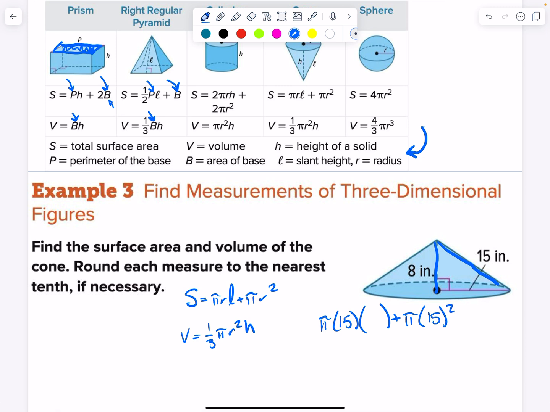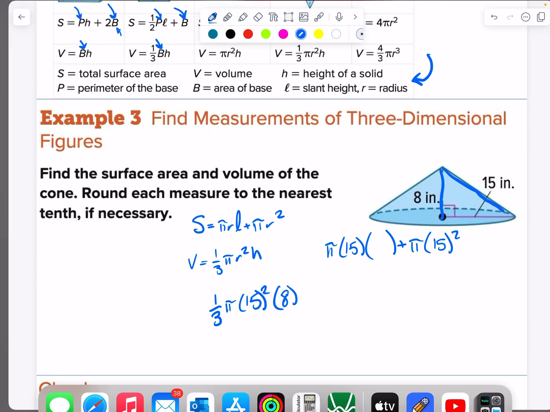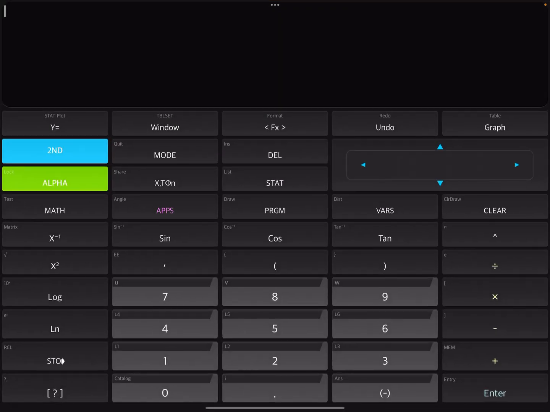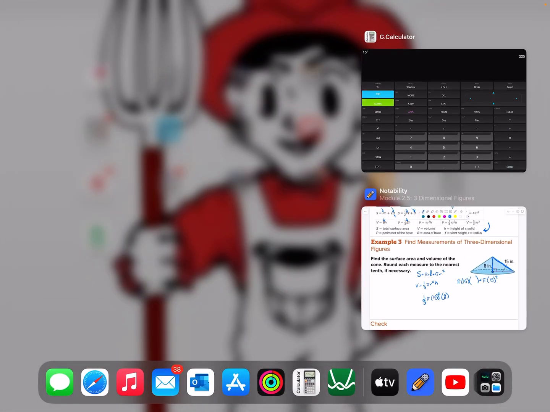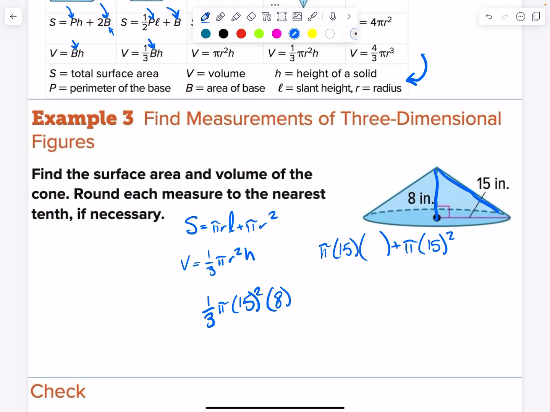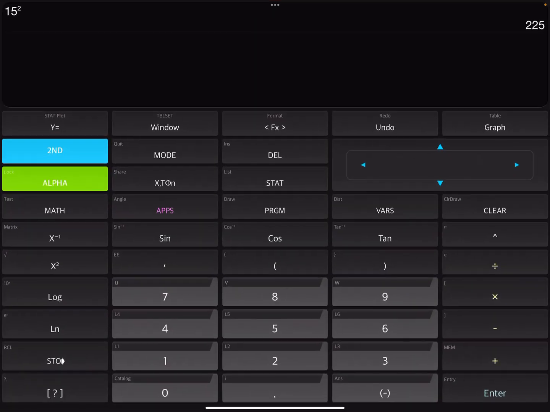Volume is easier because it just wants the height, so I'm going to go ahead and work that out really quick. So 1/3 pi times 15 squared times my height, which is 8. Because I already have that dimension, I'm going to go ahead and work that one out real quick. So 15 squared equals, and then I need to take that times 8 times pi and then divide by 3.